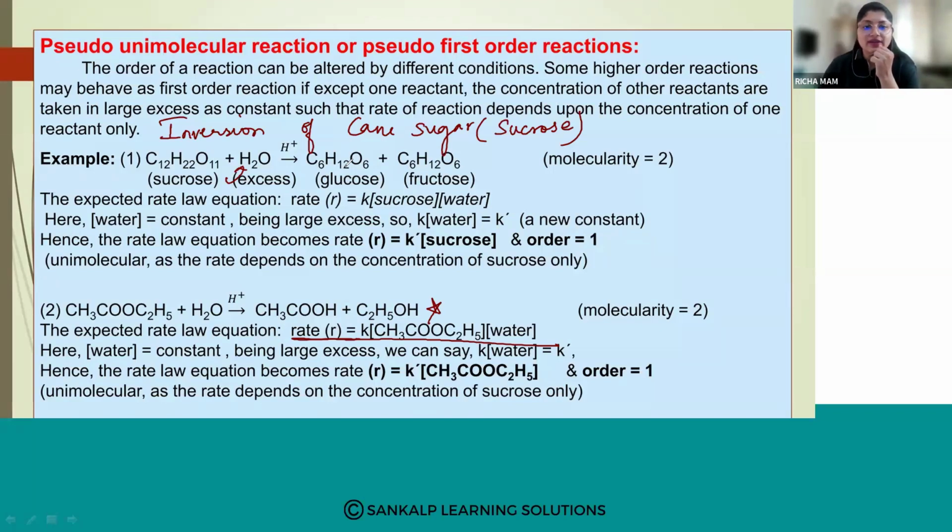So the rate of the reaction depends only on the concentration of sucrose. So the order appears to be a higher order, but it is a first order reaction. So pseudo unimolecular reaction or pseudo first order reaction.